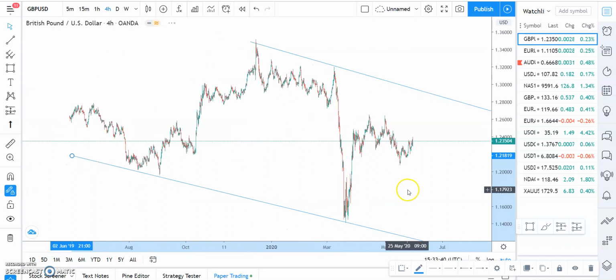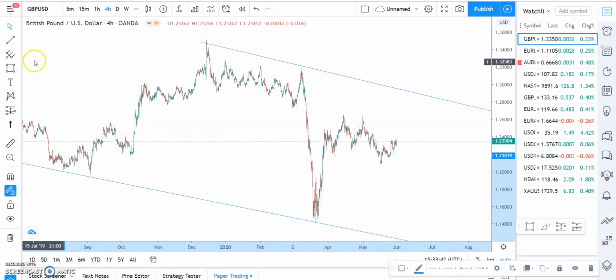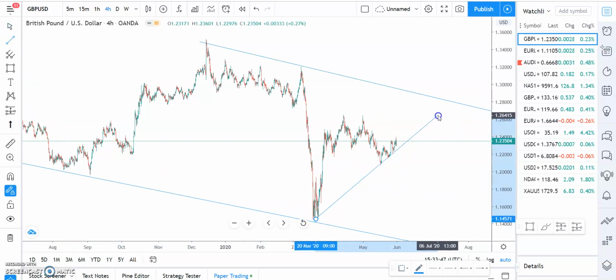Okay, in the 4-hour time frame we can clearly see this ascending channel, right? I'm sure it's clear right now that the market has been trying to move up, recovering from this dip right here, right? And then now it's consolidating. Okay, maybe let me label.